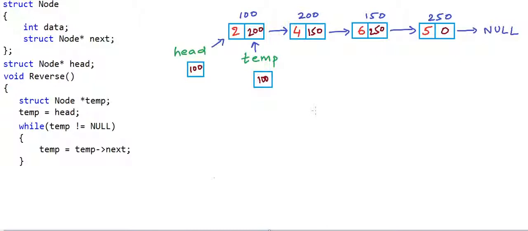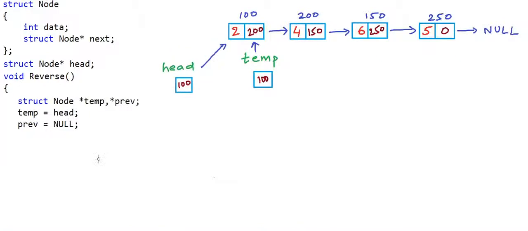So what I will do here is something like this. I will also declare a variable named previous and initially set it to null, because for the first node or the head node, the previous node is null. And now in my loop, we will have to update both these variables, the variable temp that will store the current node and the variable prev that will store the address of the previous node.